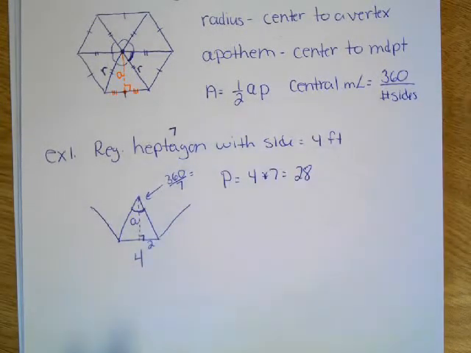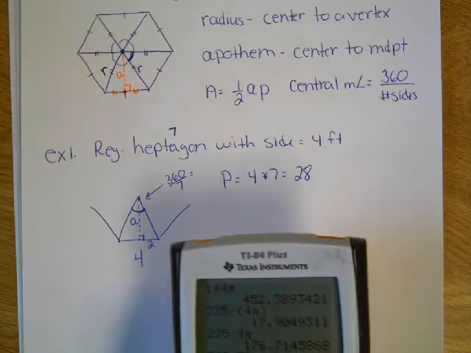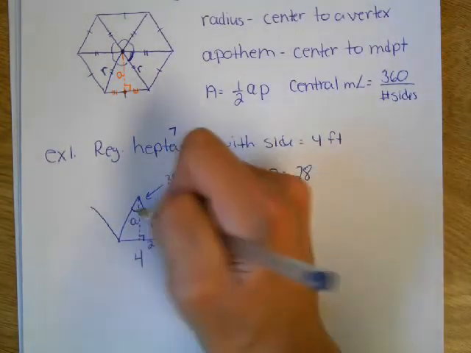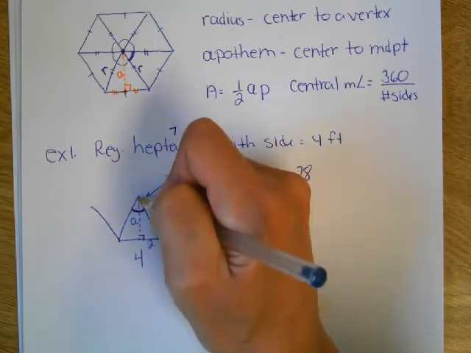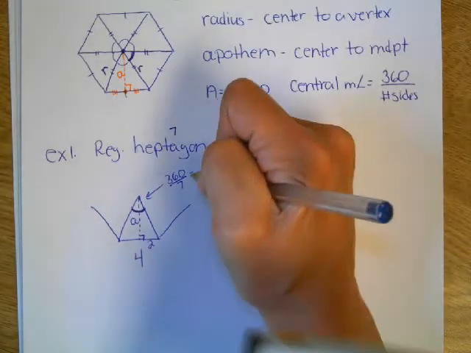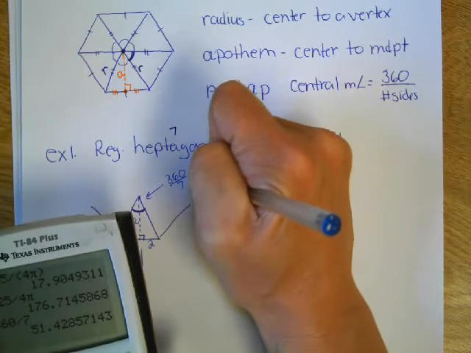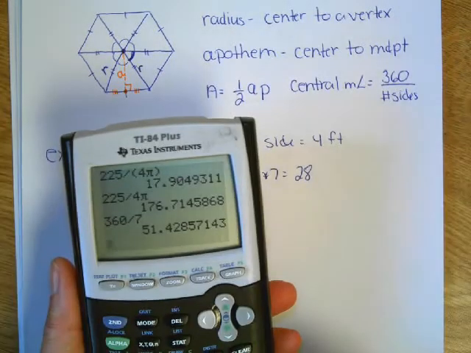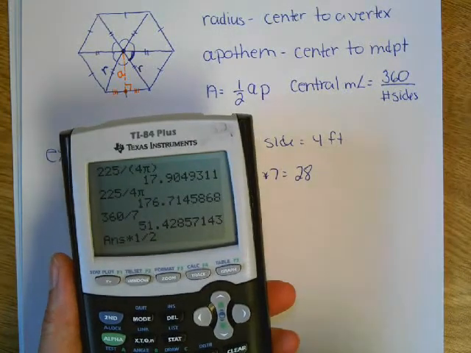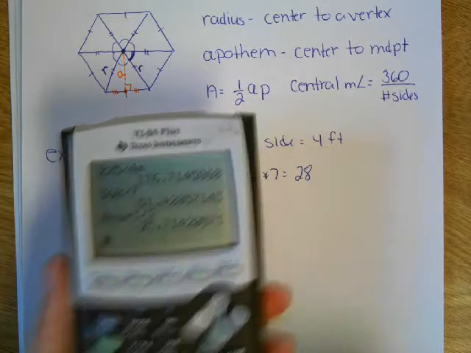So 360 divided by 7, I don't even know if that's a nice number. Oh, it's not a very nice number. But then, that's this big angle here. I want half of that because I've drawn in this apothem, cutting that angle in half. So I'm going to times this by a half, then I'll round it. So I will times by 1 divided by 2. I could have just divided by 2. 25.71.